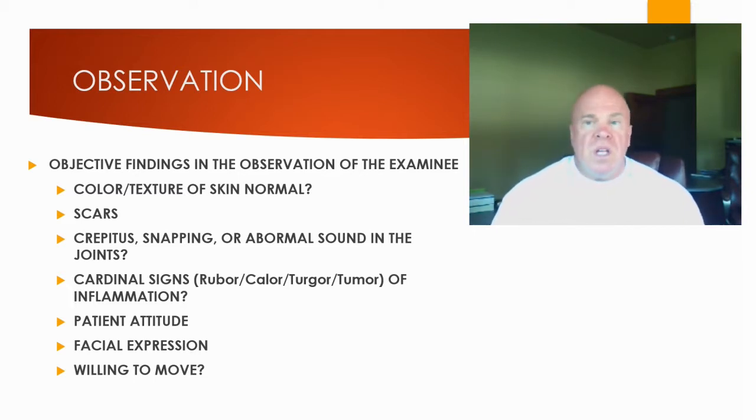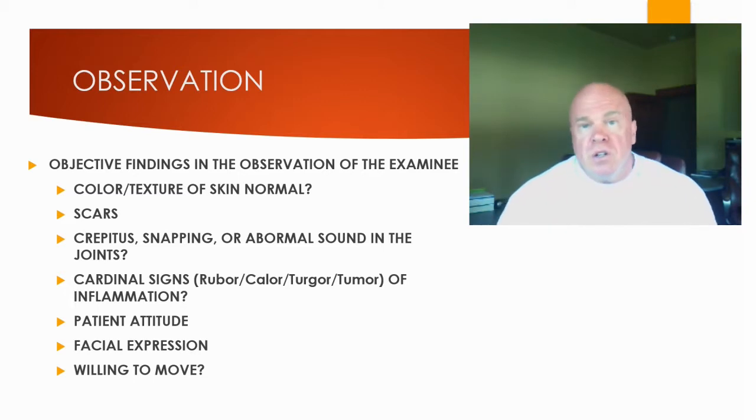Are they willing to move the body part, or are they moving in a guarded and protected fashion, holding and supporting and moving with extremely slow movements? In the presence of some of these other more positive indications of an active process, such as cardinal signs of inflammation, this could give us further support to corroborate the examinee's description of their injury and their painful condition.